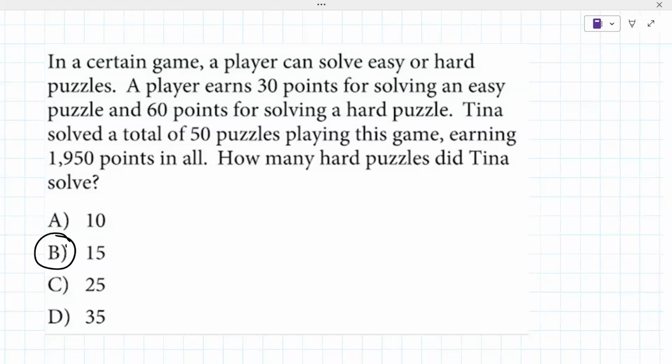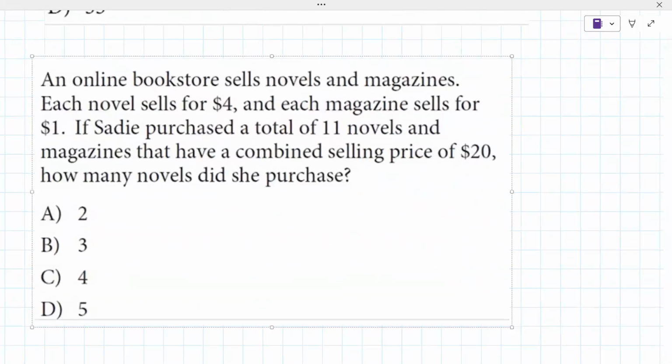Good. All right. One more story problem, and then we'll move on to a math subject content area. 3.